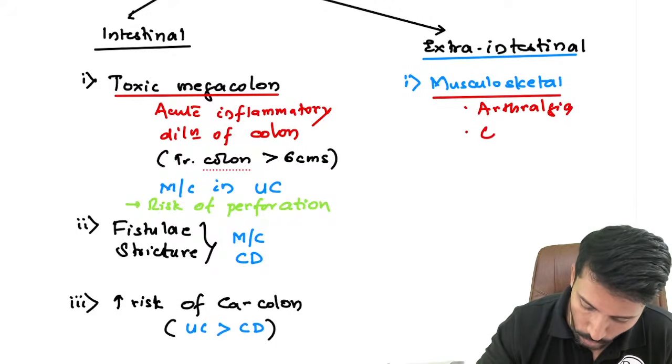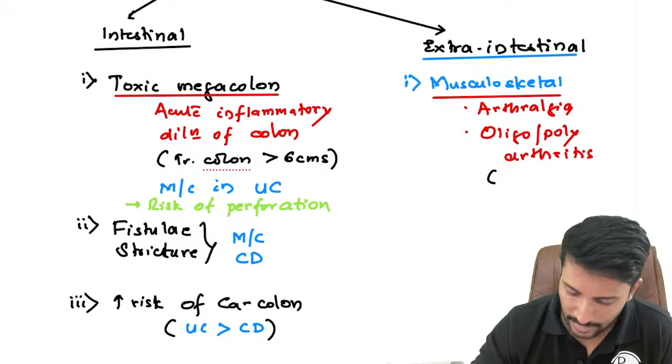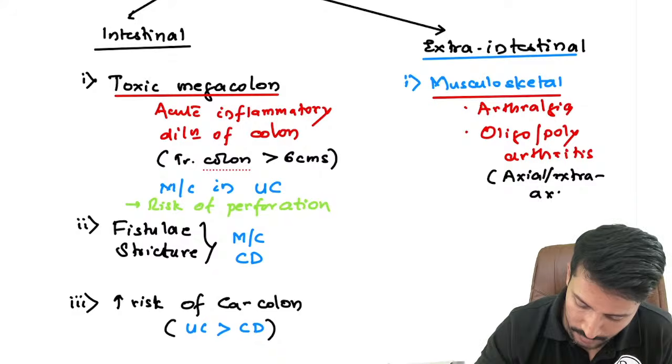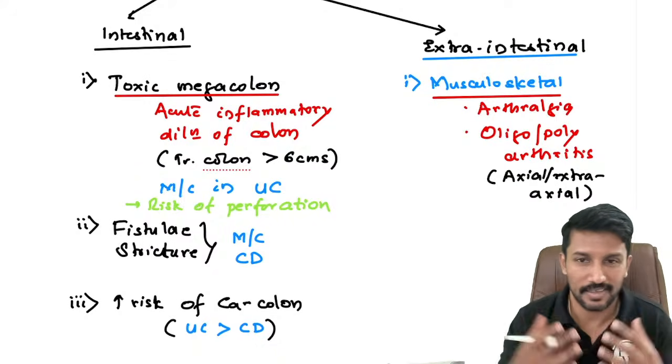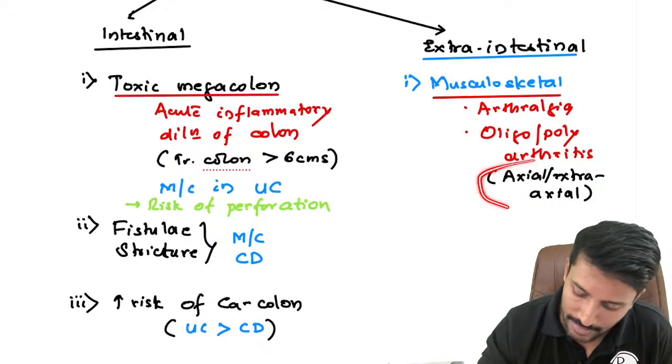It can lead to oligo or polyarthritis. And when I say oligo or polyarthritis, it can include the axial as well as the extra-axial skeleton. What do I mean by that? The spine is our axial skeleton. The limbs are our extra-axial skeleton. So it can affect any of them.